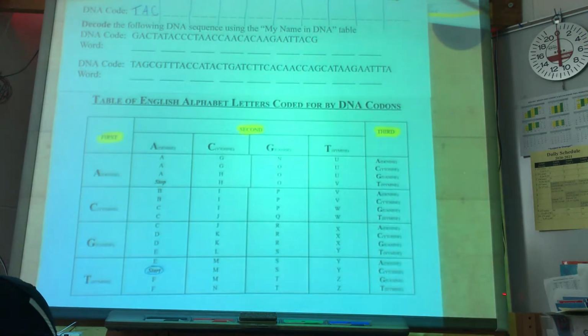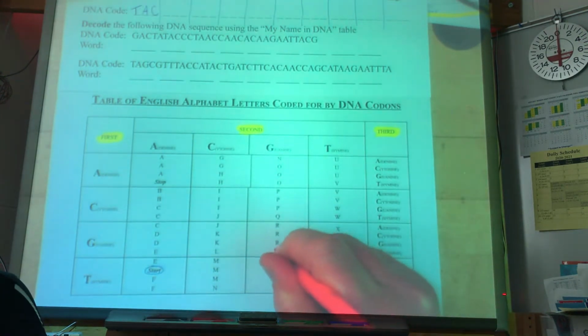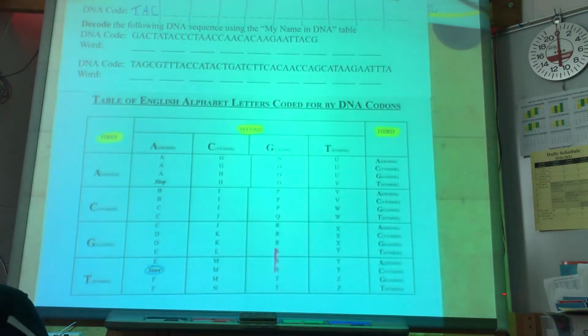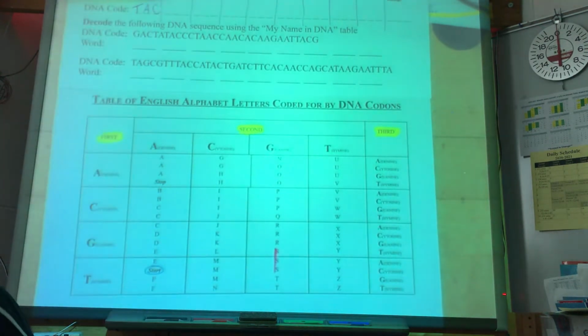Let's see, we've got S's right here. Now how many different S's are in our table? 3. Which one is the right one to use? The answer is they're all right. They're all perfectly fine. What this table is saying is DNA codes for letters in our alphabet. This is just a model, an activity, an analogy that we're going to do: DNA codes for letters in our alphabet so we can spell words.